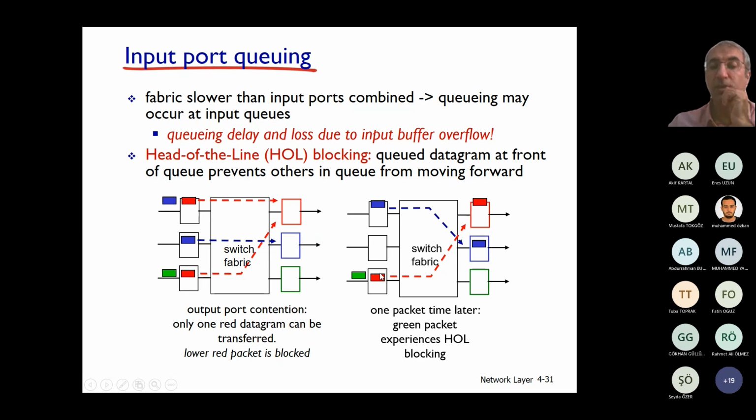Because of this contention, we couldn't transfer the lower red, and the green packet stays at its stage compared to the blue, because blue moved to the next stage while the green is still waiting in its queue. So this red blocks the green one, which we call head-of-the-line blocking.